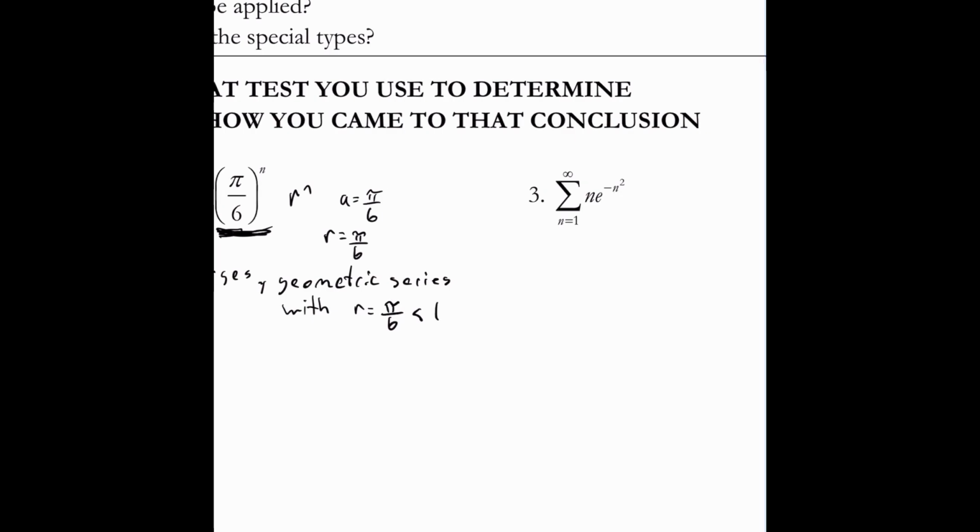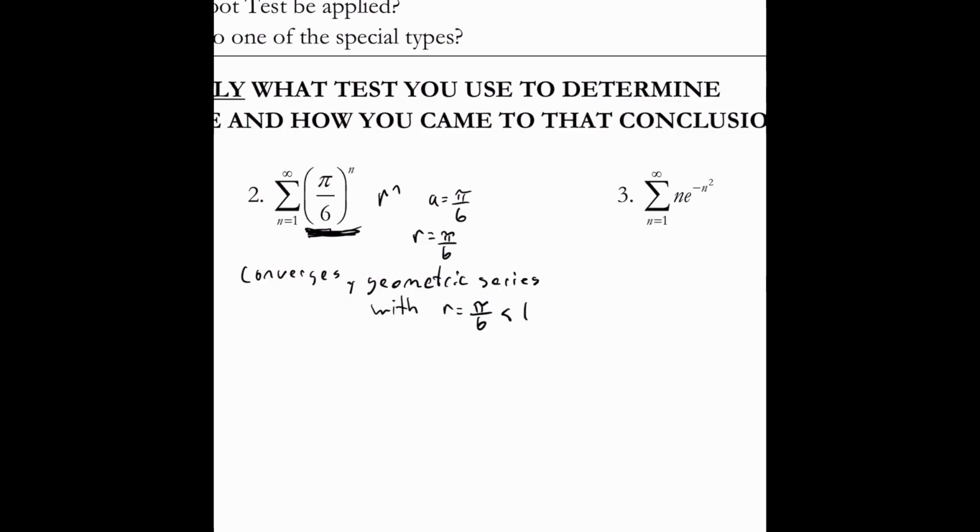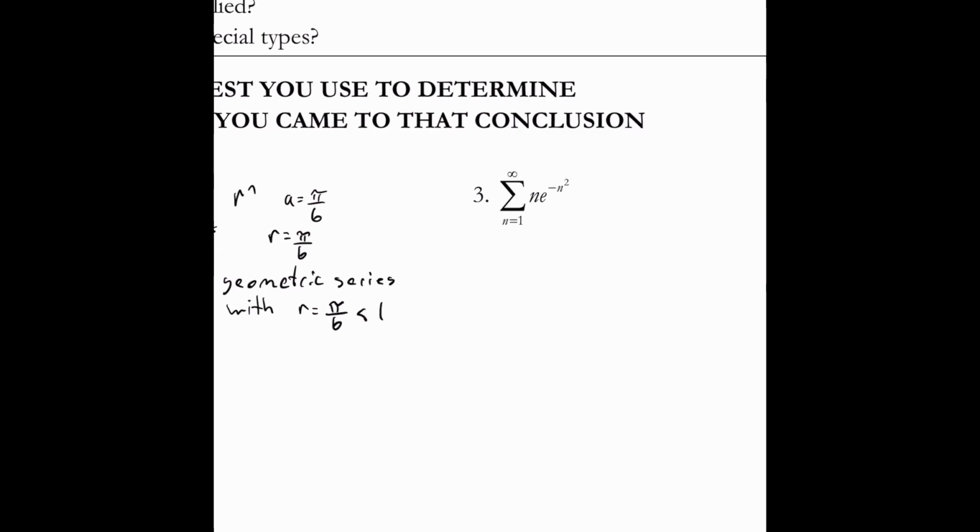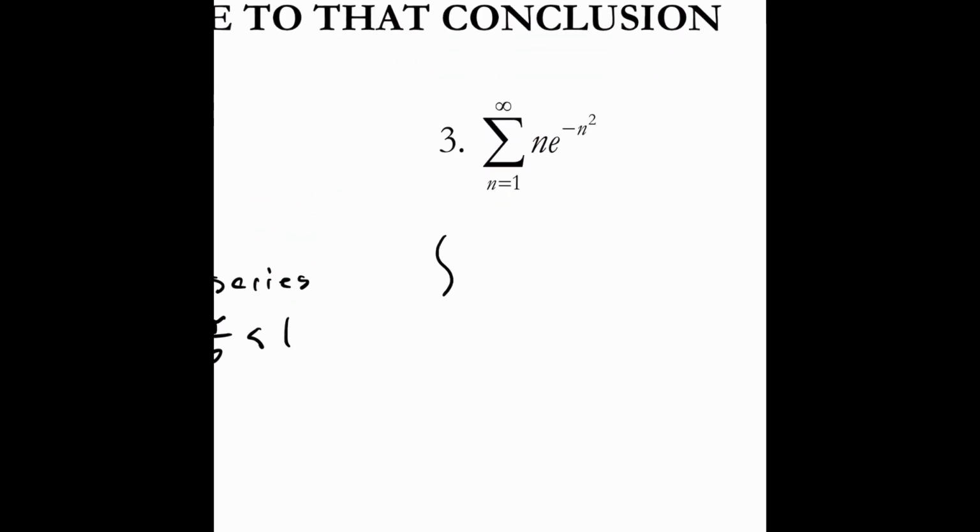Now, 3, this immediately looks to me like something that we can actually integrate, right? So firstly, it's a series that doesn't look as nice as this geometric one. But does this look like an integral that we would be used to taking? Sure, right? If I wrote the integral of x e to the negative x squared dx, can we take this integral?